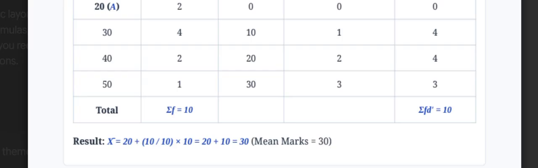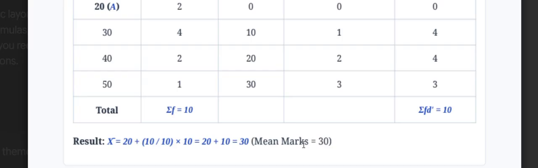So 10 upon 10 will be cancelled, 1 will come, 1 into 10 is equal to 10. So 20 plus 10 is equal to 30. This is how we are having this mean as 30.